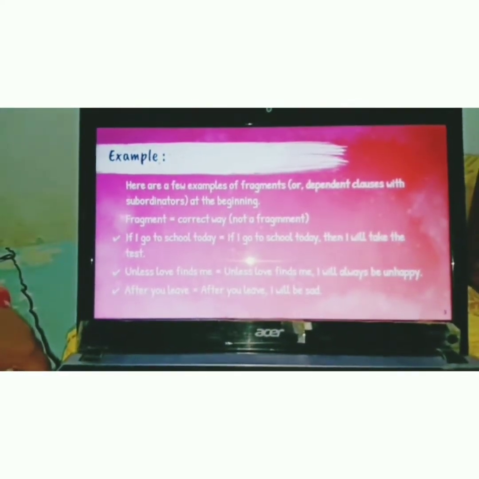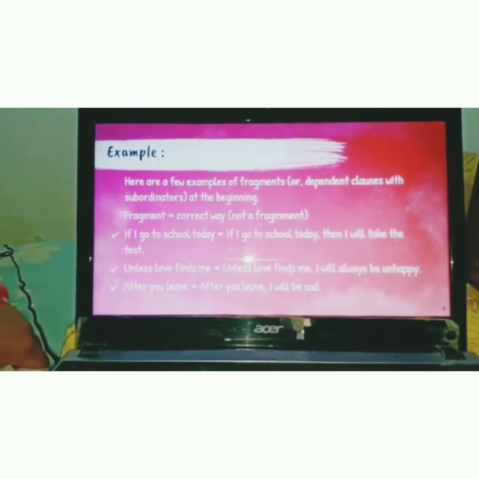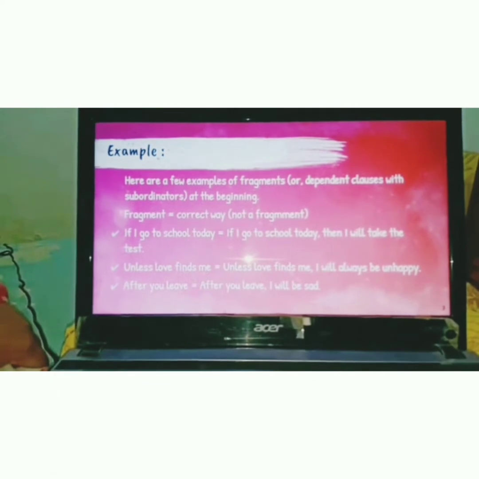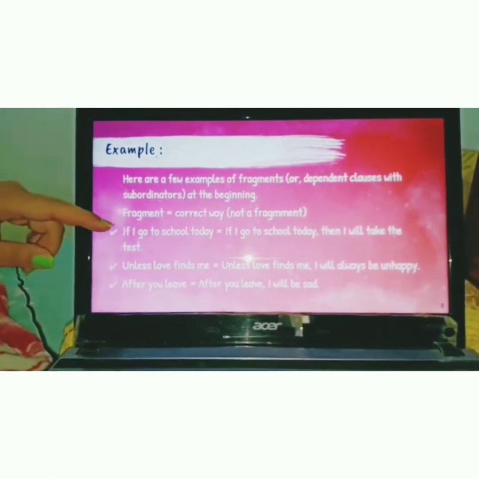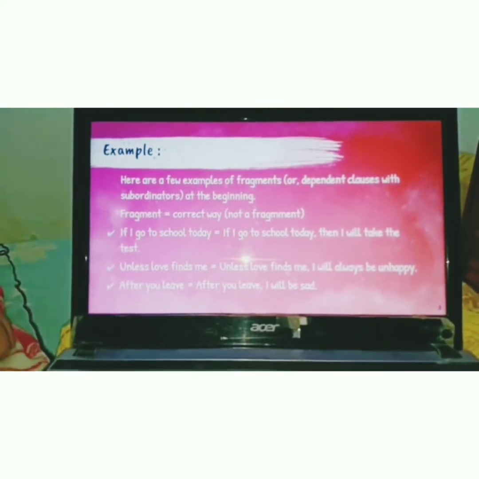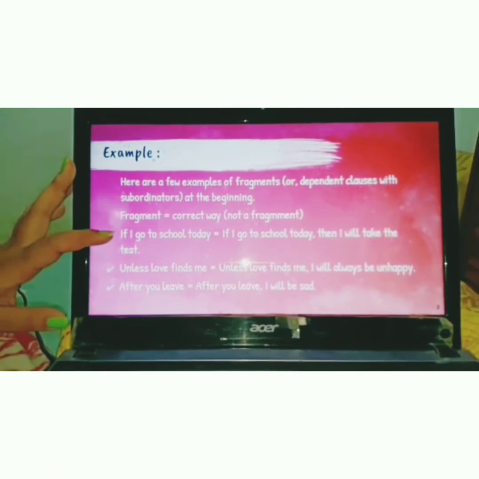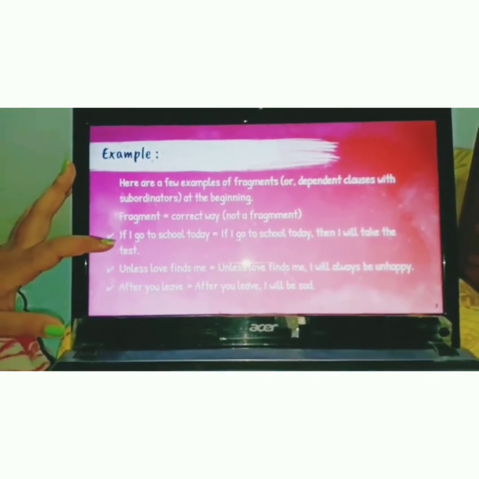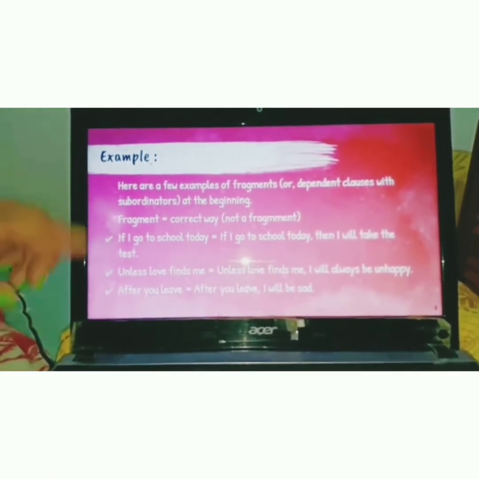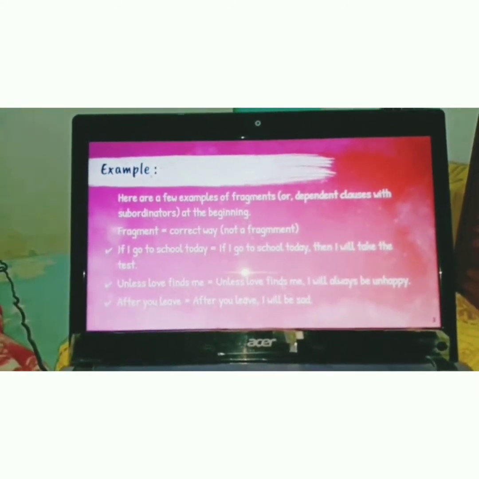Here are a few examples of fragments or dependent clauses with subordinators at the beginning. The left one is the fragment and the right one is the correct one. The fragment is "if I go to school today." The correct way is "If I go to school today, then I will take the test."